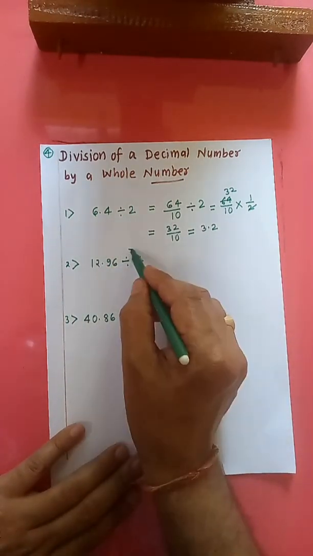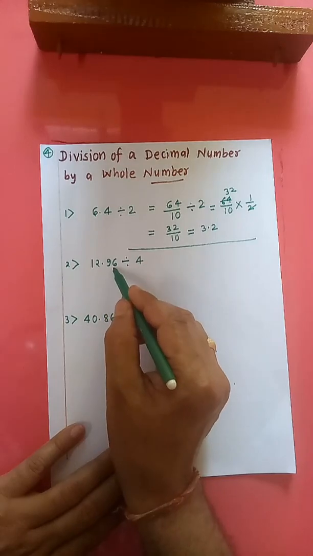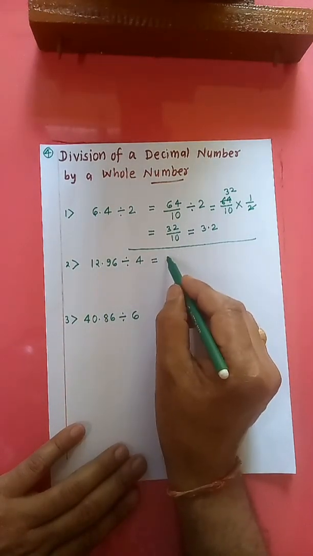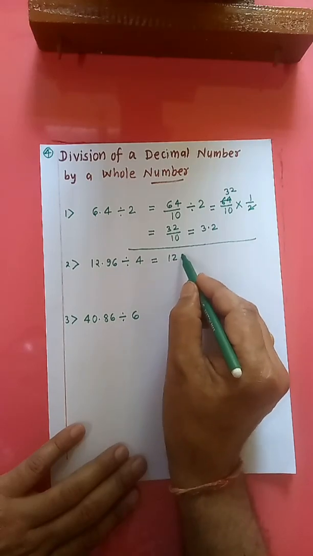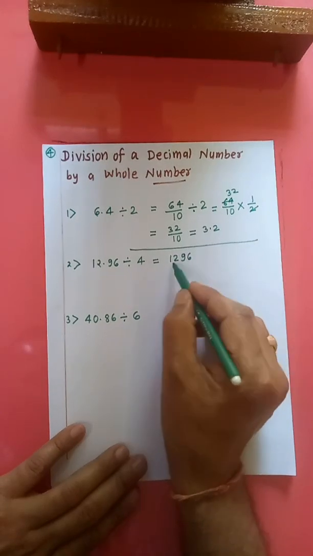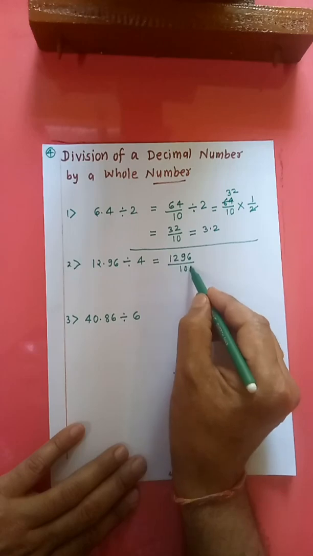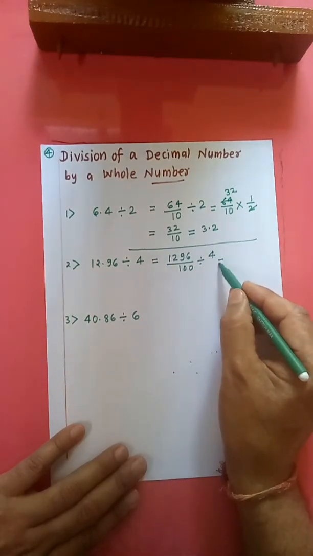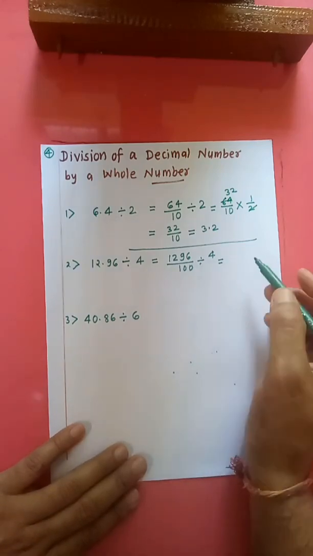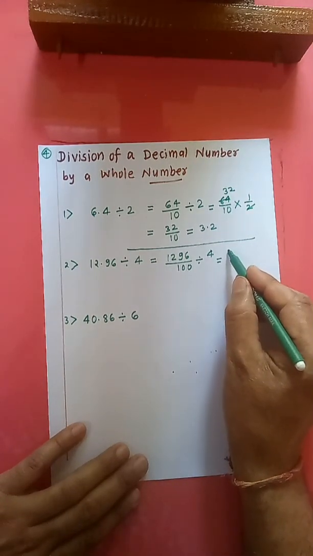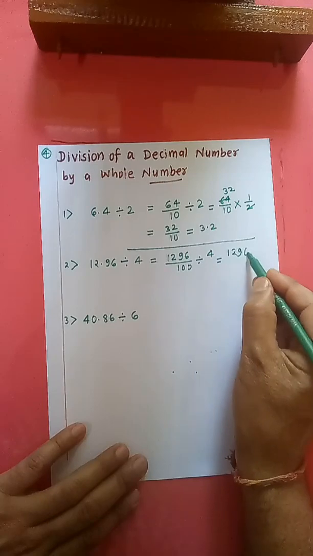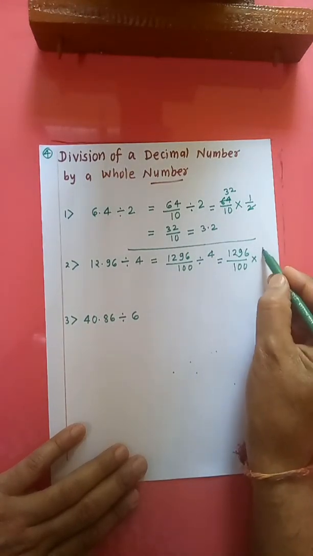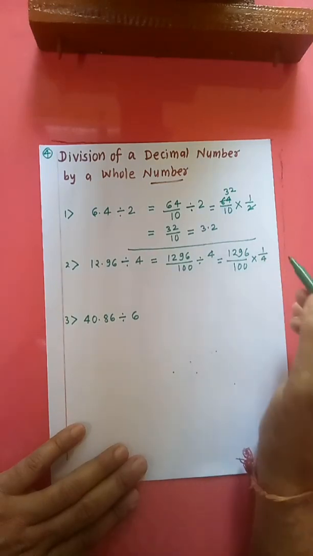Another example, 12.96 divided by 4. First we remove the decimal point and we get 1296 upon 100 divided by 4. Now convert the division into multiplication and we will get 1296 upon 100 multiplied by 1 by 4, which is the reciprocal of 4.